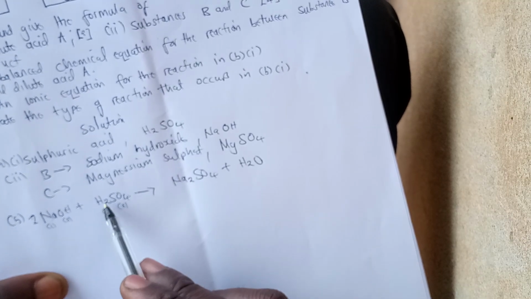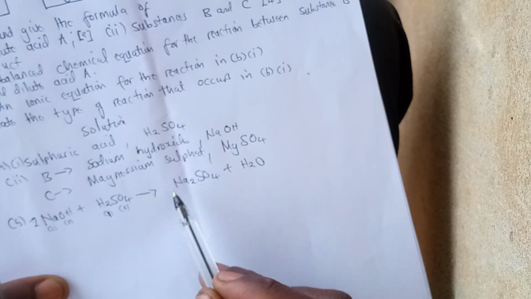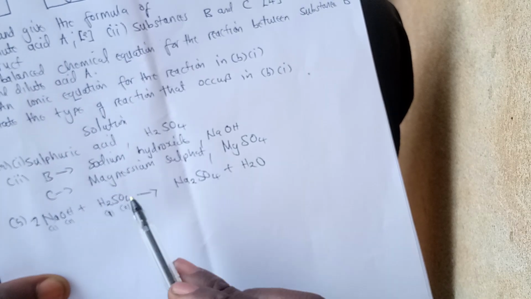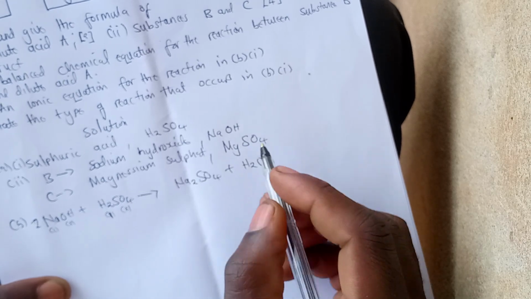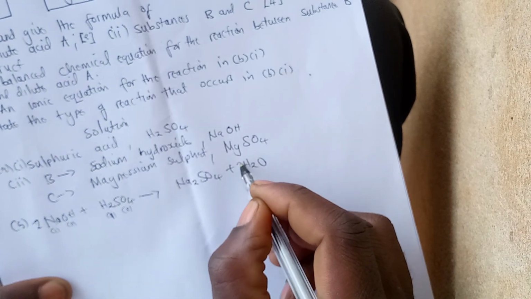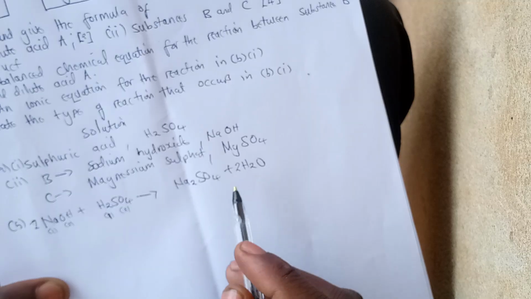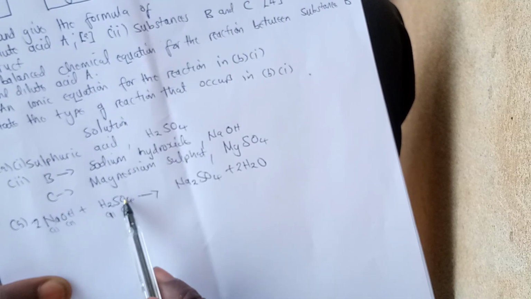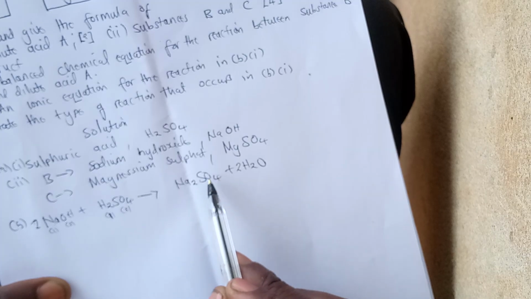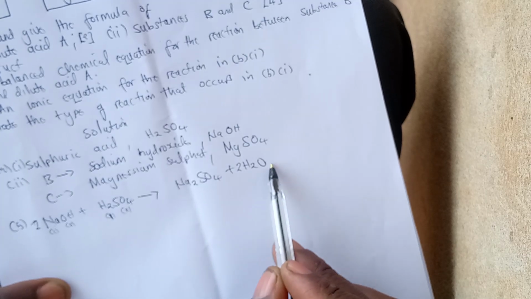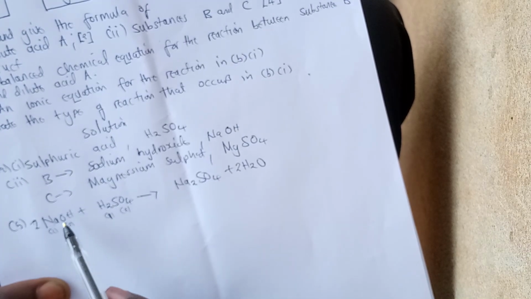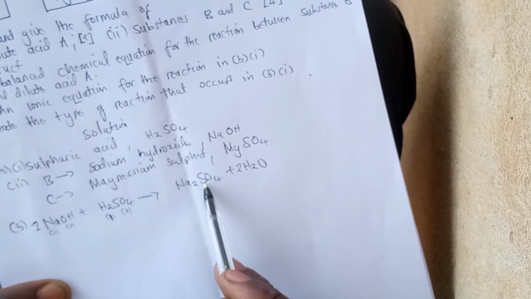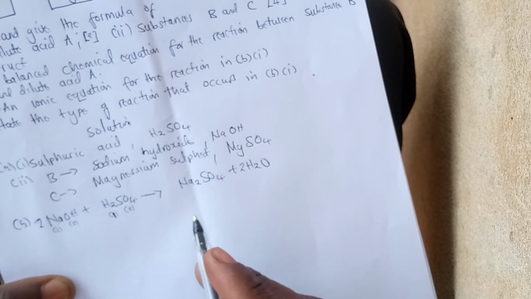Then hydrogen: we have 2 plus 2, which gives 4, but this side has 2, so we need a 2 here to make it 4. What about oxygen? We have 2 plus 4, which is 6, and the other side has 4 plus 2, which is 6. Oxygen is done, hydrogen is balanced, and sulfur is 1 and 1, so the equation is balanced.